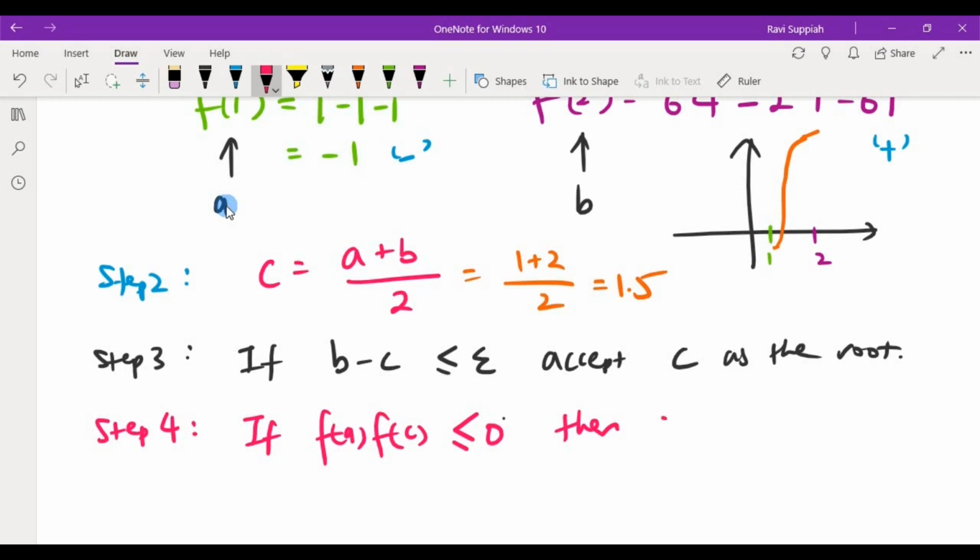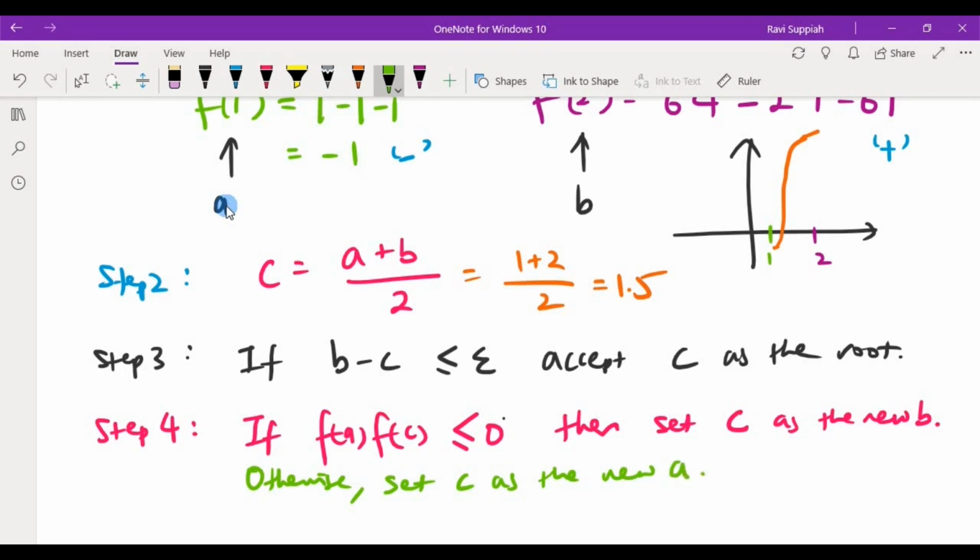Then we set c as the new b. Otherwise, set c as the new a. Then go back to step 1.